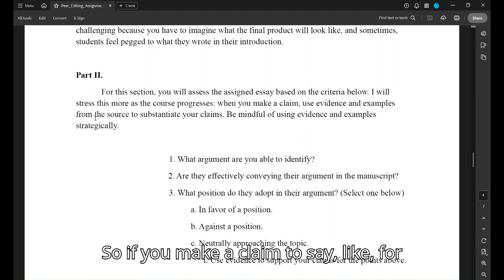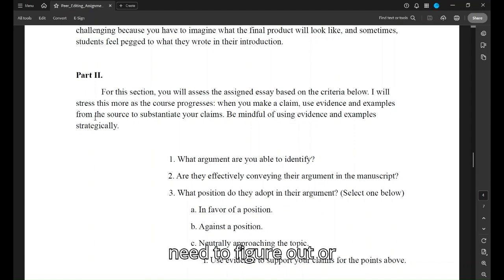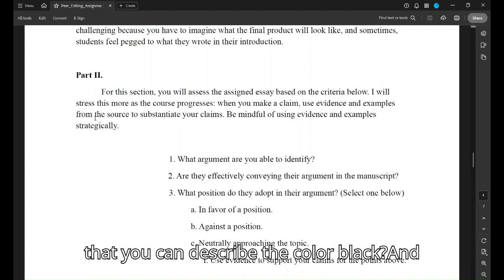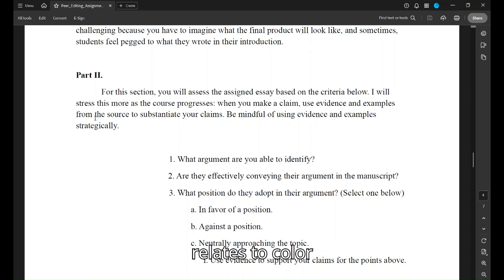So if you make a claim to say, for example, the color is black, then you need to think through to its logical conclusion. What are the different ways that you can describe the color black? In the rationale that I provided last week, you could use emotion, but explain specifically how emotion relates to color.